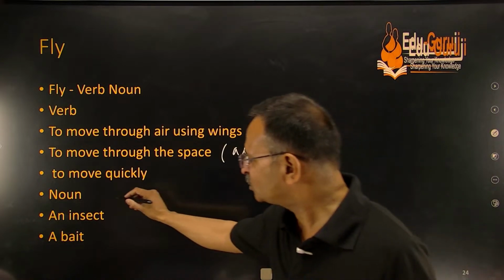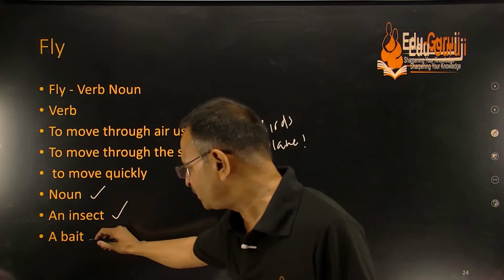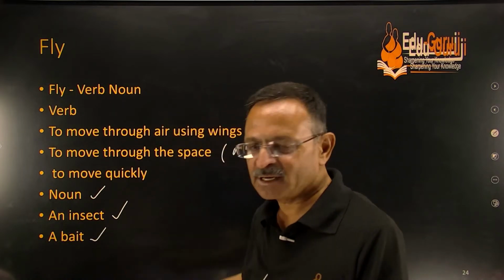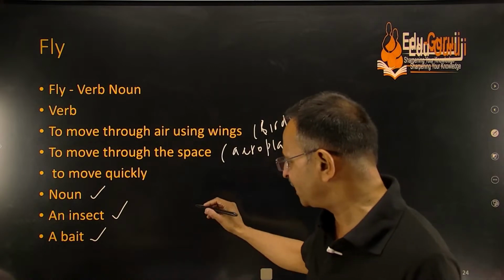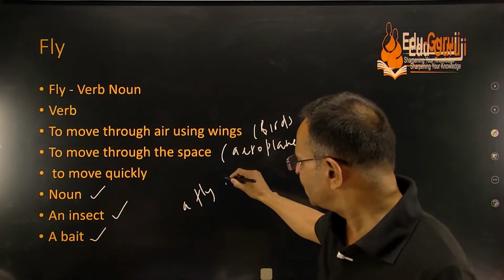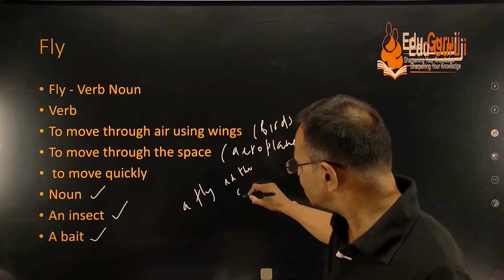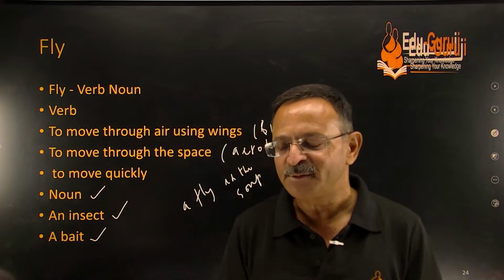And we also use it as a noun, so it means an insect or a bait. As an insect you can see the example, or you may find an example yourself, like a fly in the soup, right? So this could be an insect. A bait means what?